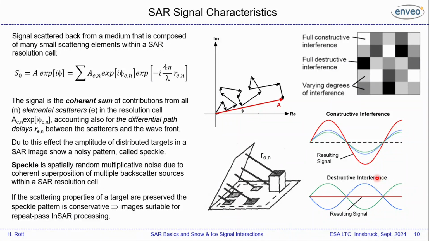Now, this ends up with certain characteristics for SAR images, in particular the so-called speckle. If you have a pixel which has many different individual scattering elements, for example here, and this would be the wavefront, the front of the radar signal from which we observe the surface.